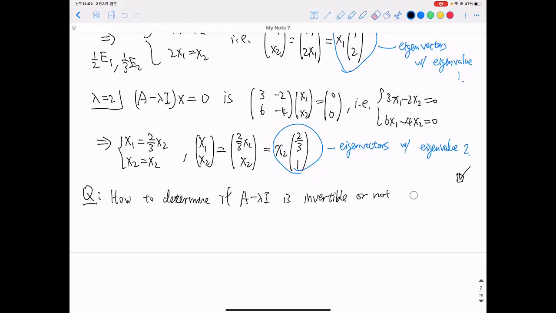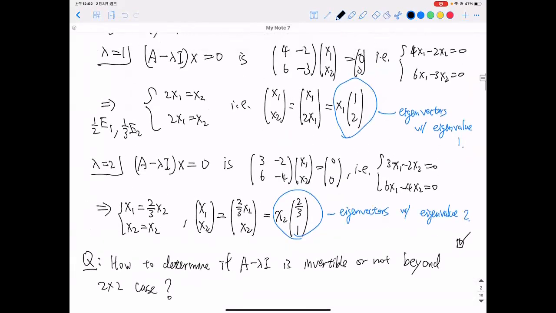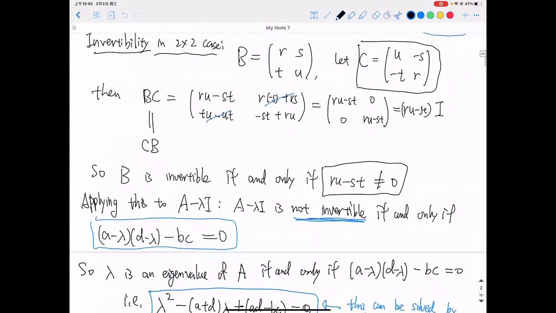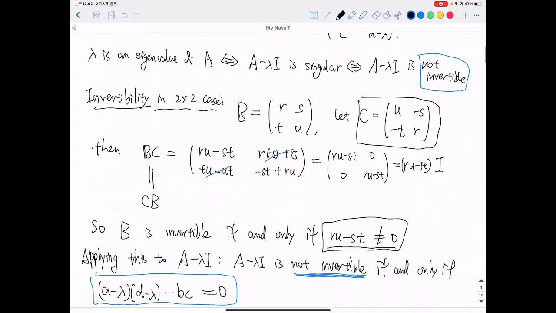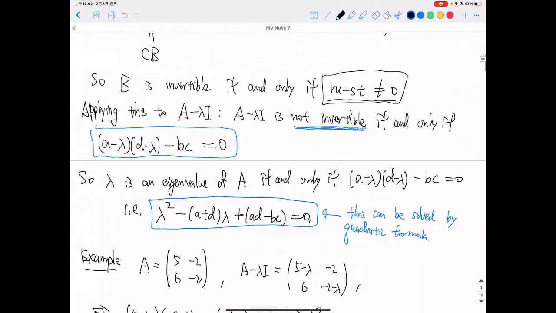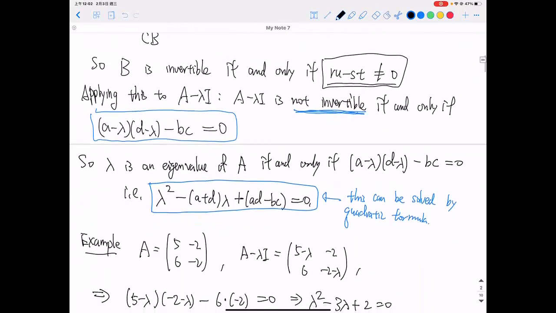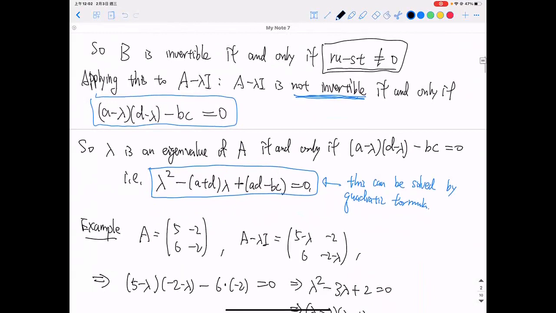In the 2x2 case, we have this nice description of the inverse, and that leads to this quantity, and it immediately gives a way to decide whether a 2x2 matrix is invertible or not.